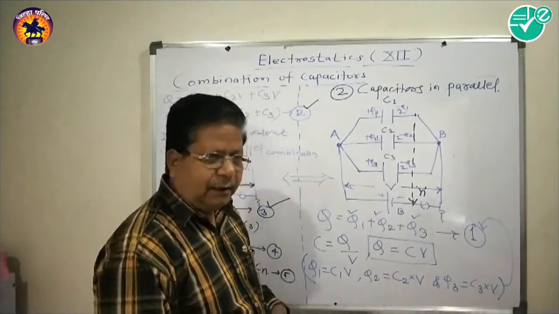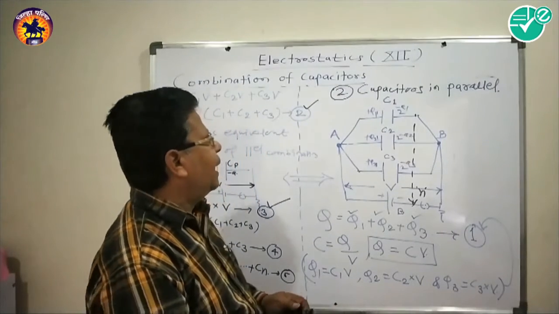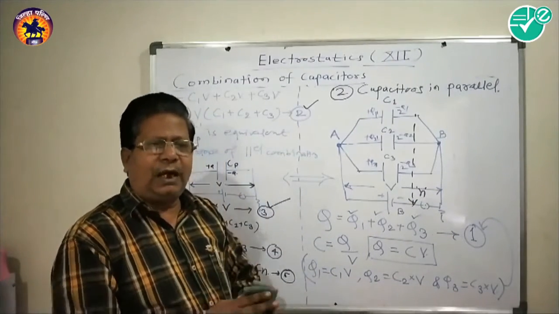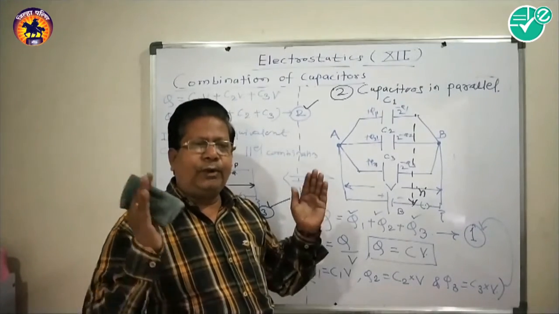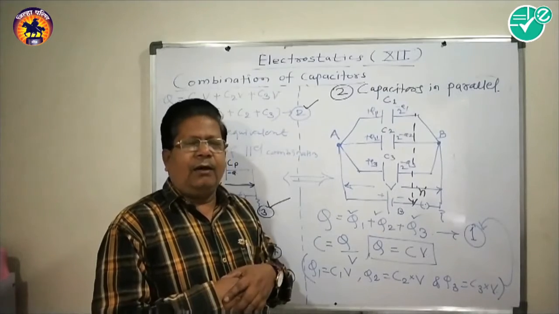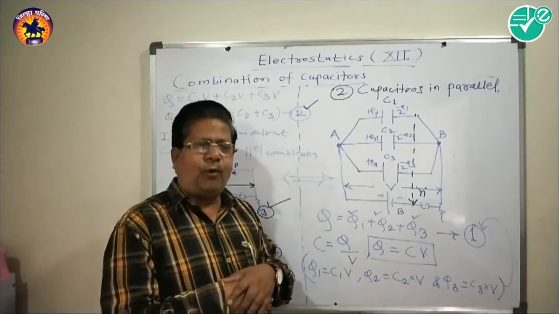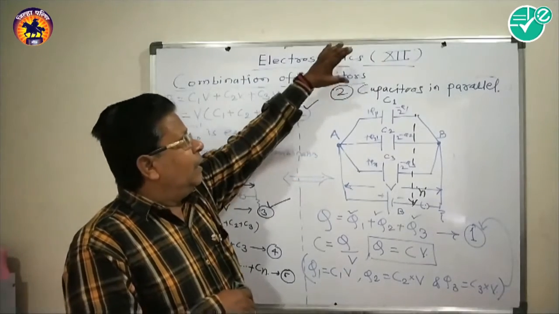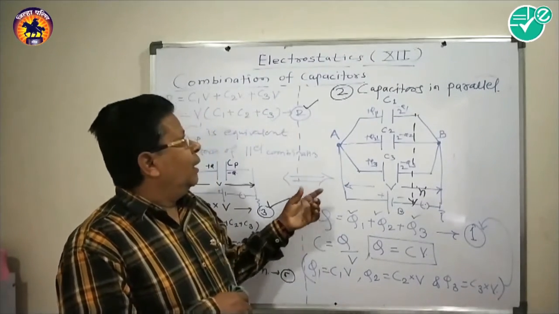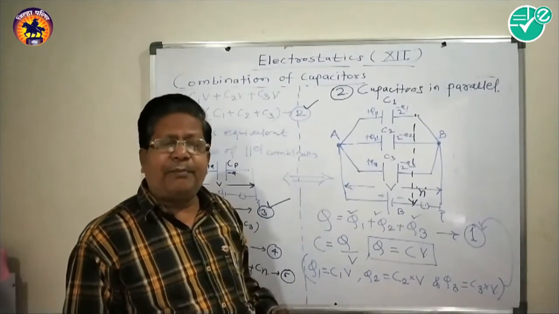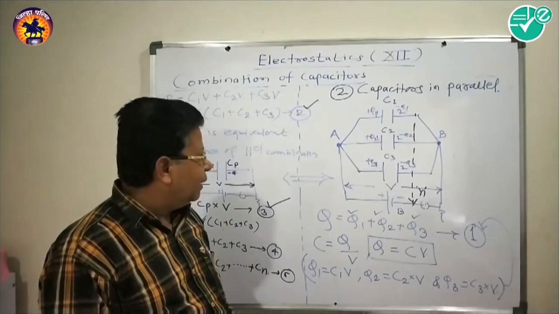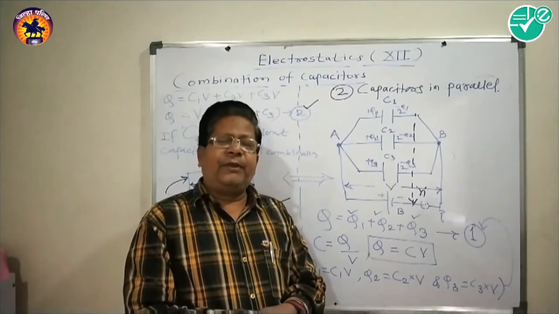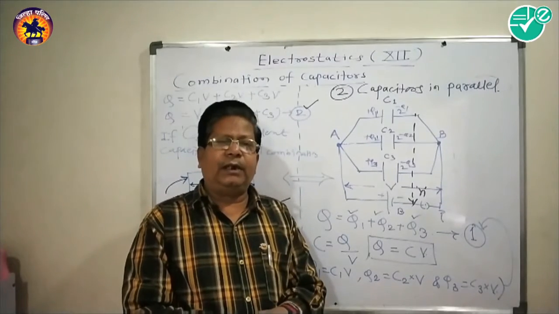So in parallel combination, when capacitors are connected one across the other, between two common points, so that the first plate of each capacitor is connected to one point and the second plate of each capacitor is connected to another point, then the potential difference across each capacitor is the same, and the charge is different according to the capacity of the individual capacitor.